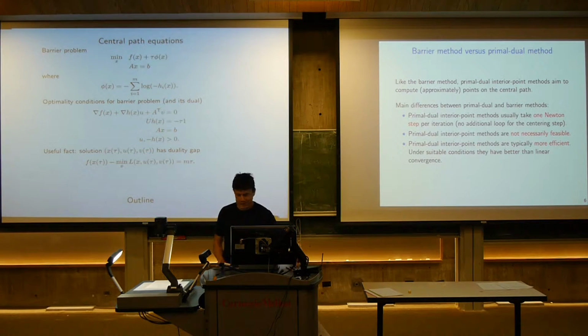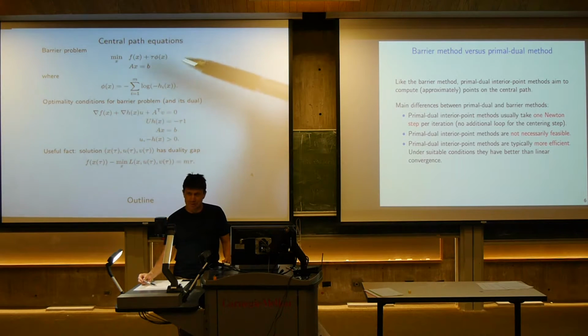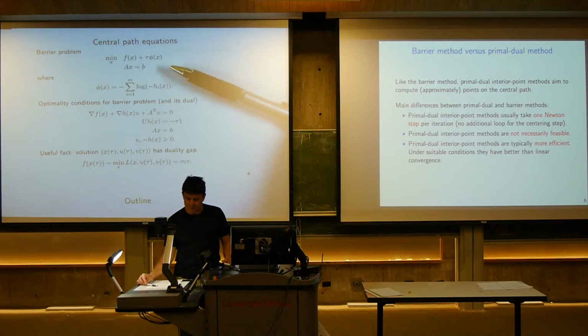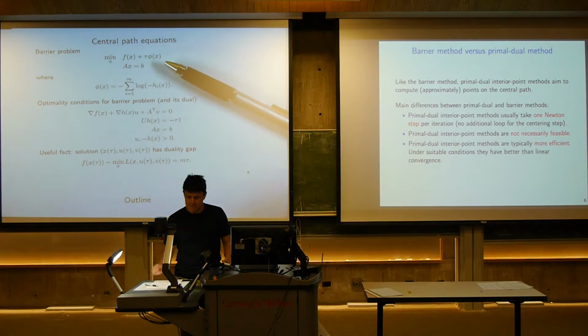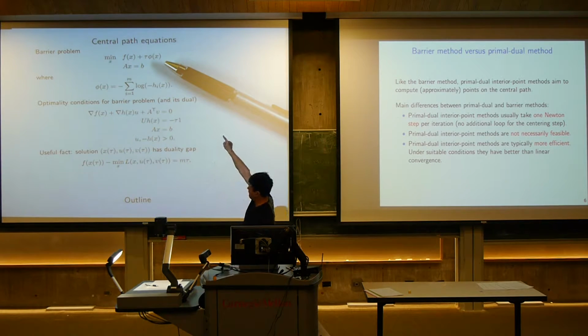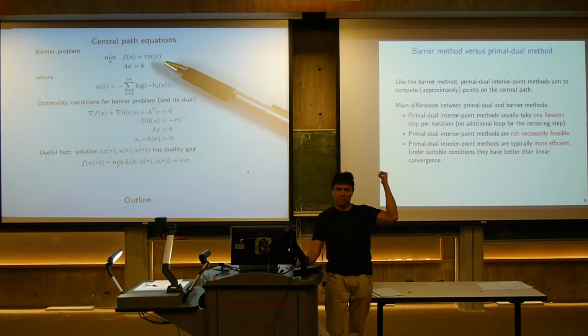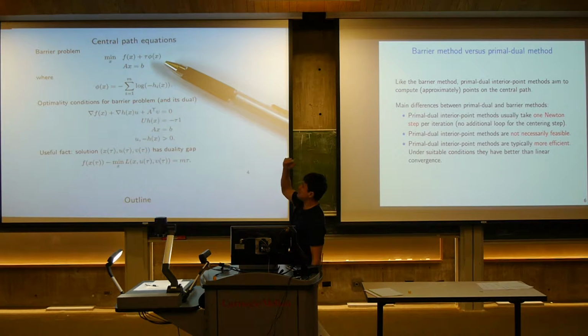If you think about the barrier method, in principle, it worked the following way. You picked a barrier problem, so you picked some particular value of tau, or if you want, t. And then you solve that problem, or you solve it with sufficient degree of accuracy.